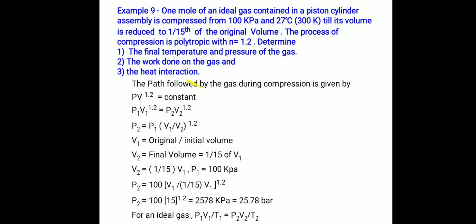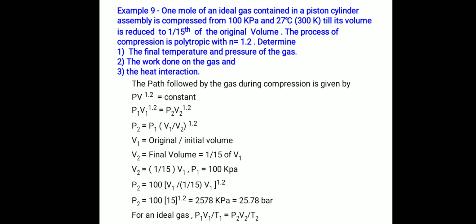So we can write P V raised to 1.2 is equal to constant. And for the initial and final conditions, we can rearrange the same formula: P1 V1 raised to 1.2 equals P2 V2 raised to 1.2. So rearranging the equation, we get P2 equals P1 into V1 by V2 raised to 1.2.